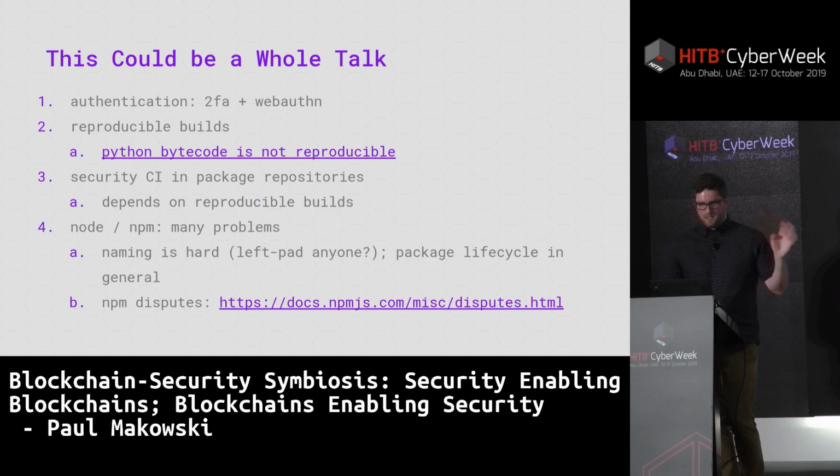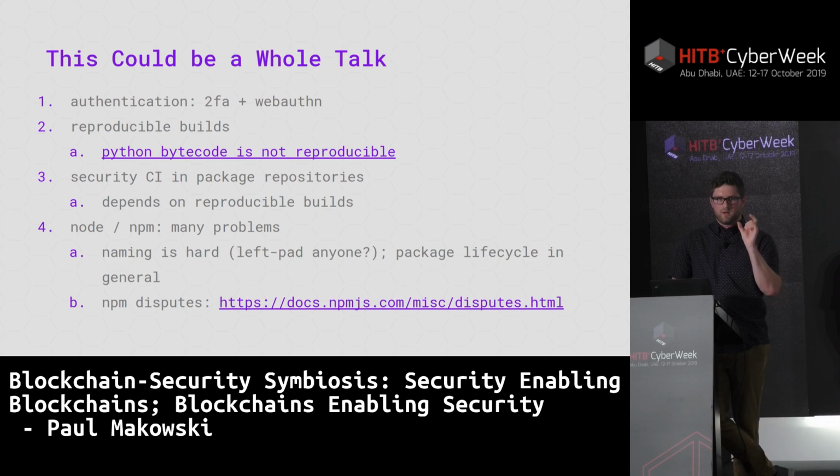So again, this could be a whole talk, but Trail of Bits recently was doing some great work in this space on two-factor and WebAuthn, adding that to package managers like Python's pip manager or PyPI. That needs to happen in more places.